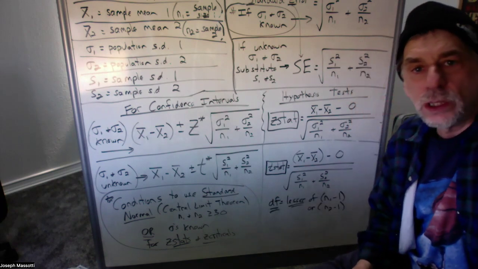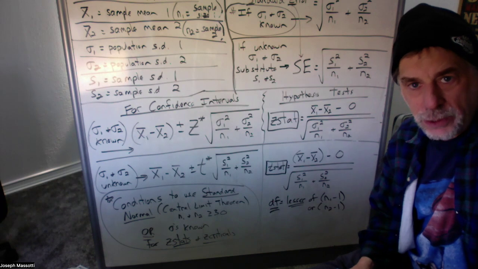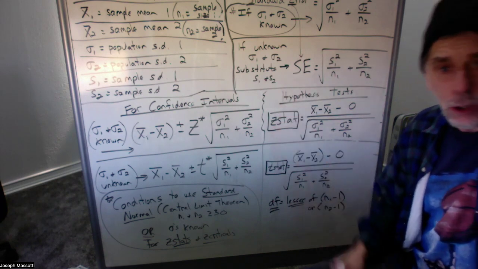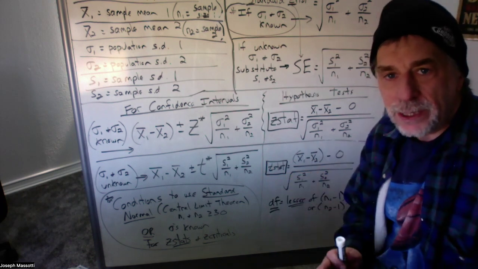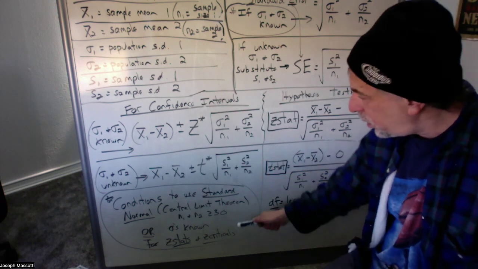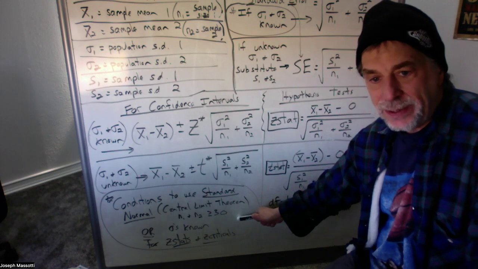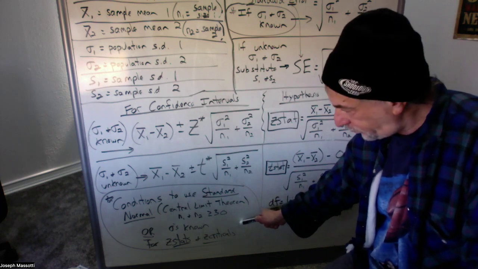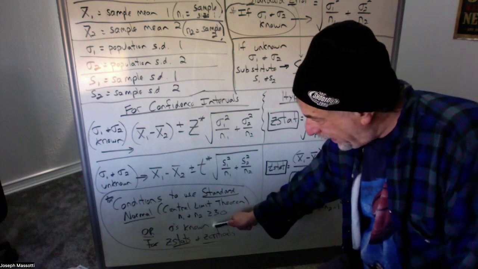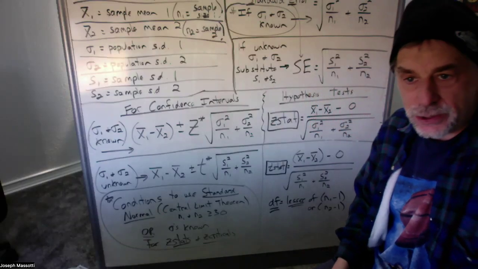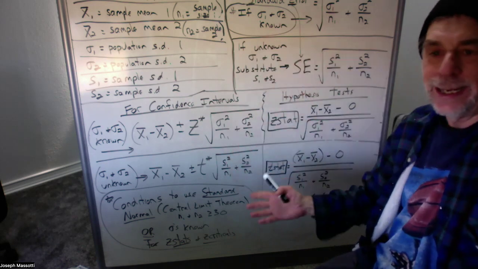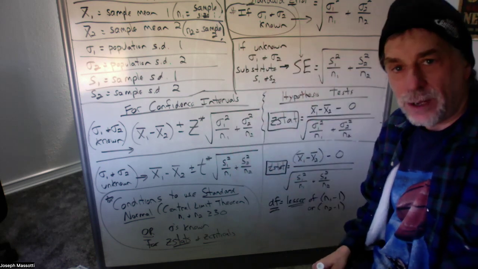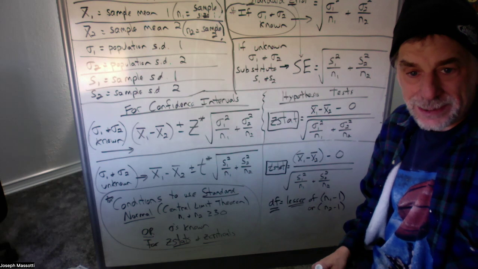Now, if we're told that the population distributions are normal, we're good to go, right? But if we're not told that both population distributions are normal, we need those sample sizes to be larger than 30, or we need the standard deviations of the population to be known in order to use these techniques that we're going to use to come up with confidence intervals and hypothesis tests.